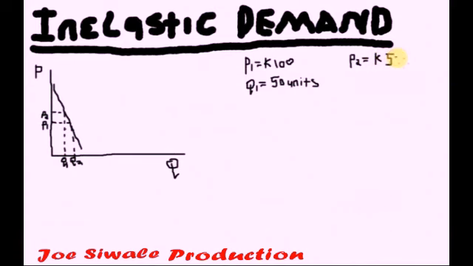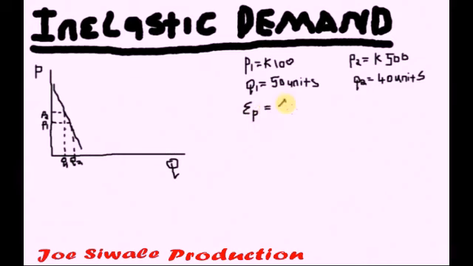And after changing the price of the product to 500 kwacha, which will be our P2, we see that there is a change in quantity to 40 units, that will be our Q2.